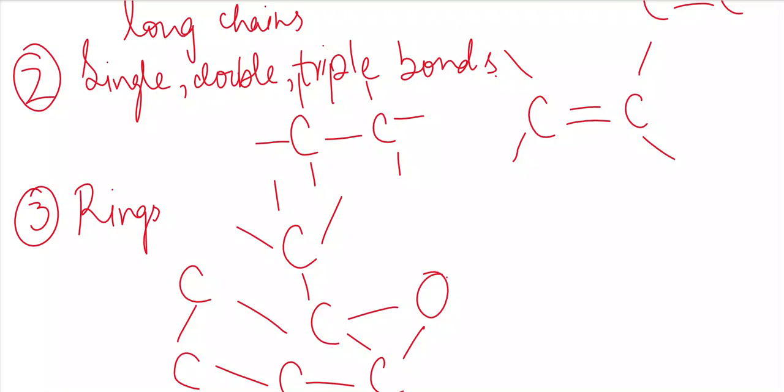So in organic chemistry, we basically focus on the study of the structure, properties, and reactions of organic compounds that contain carbon in their covalent bonding. Mostly we talk about hydrocarbons, the compounds which contain carbon and hydrogen in their structure.